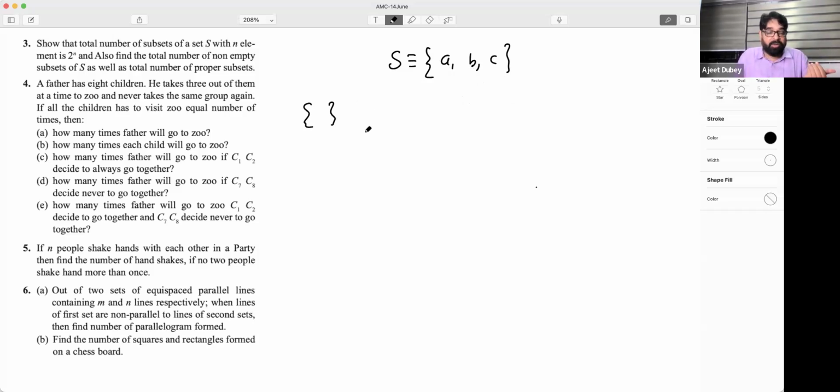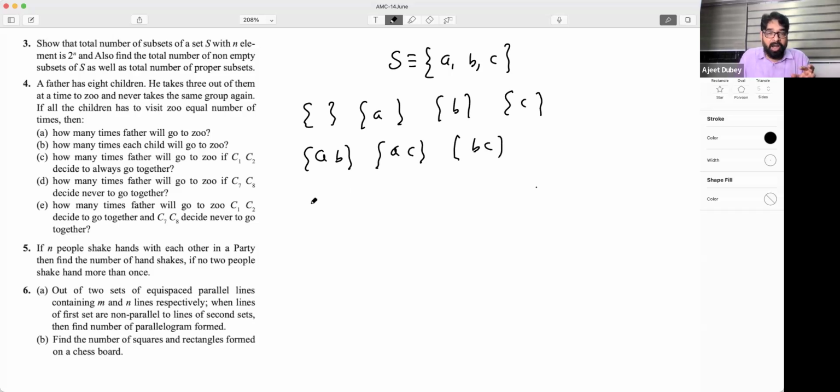Or you can take A, B, C, or AB, AC, BC, or all 3. So every set is a subset of itself also. And remember, these are called proper subsets.